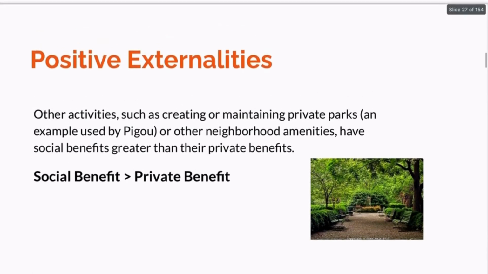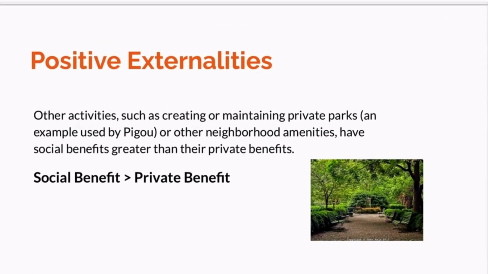Some more examples, like having private parks, right? Even if the park is private and not a publicly available space, one might think that the residents staying around would benefit from clean air, much more peace, fresh air, the beautiful environment.